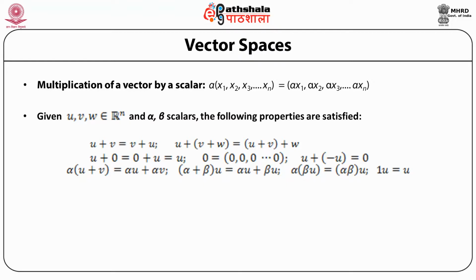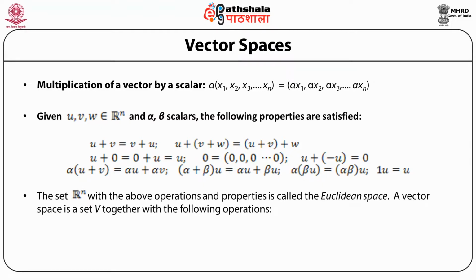Alpha times beta times the vector u is equal to alpha beta times vector u. 1 times vector u is equal to u. The set Rn with the above operations and properties is called the Euclidean space.